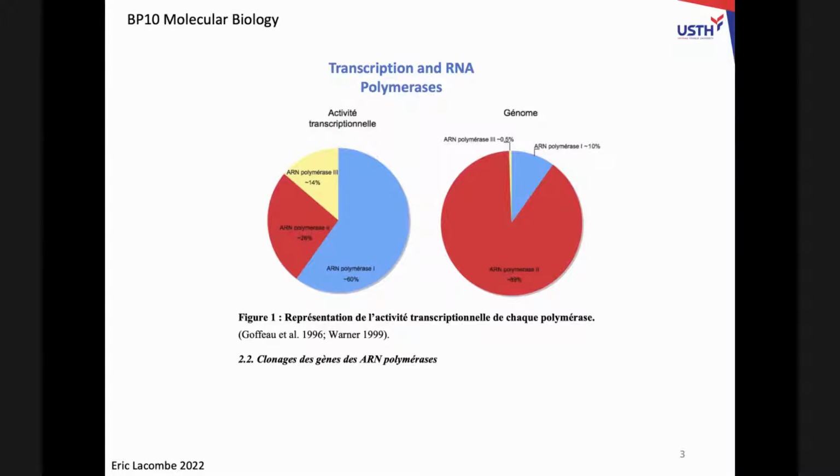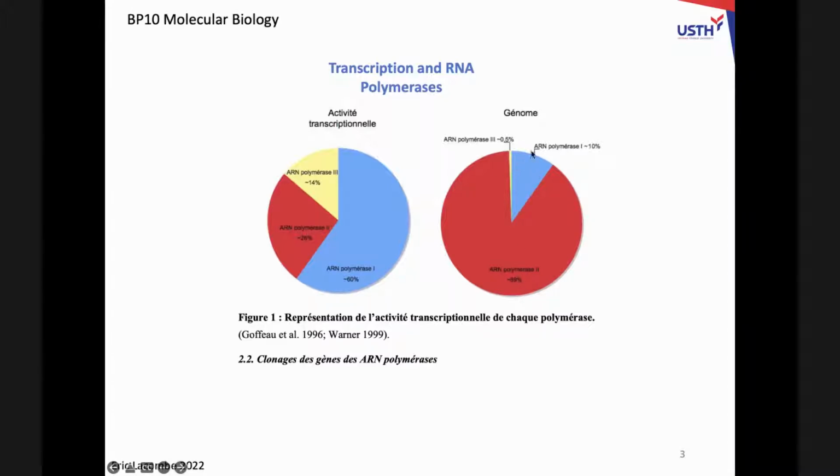Okay, so we are not talking about part of the genome where there is no transcription at all. Okay, we are considering only the part of the genome that can be transcribed by one of the 3 RNA polymerases. So those data here, the unit can be megabase because it represents a size of the genome.